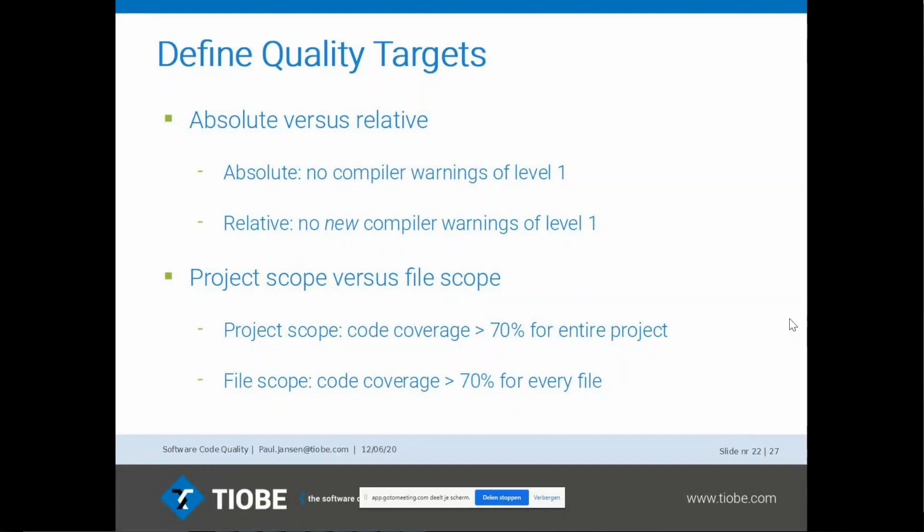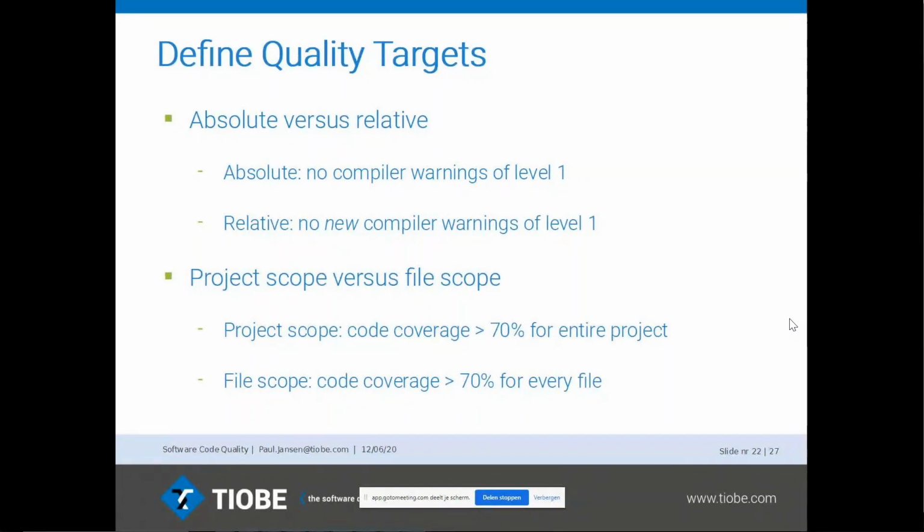Well, then it's okay to deliver. But if you take file scope, then every file should have at least 70%. So it's much stricter. The first one is the entire project, and the second one is every file, and that has huge impact on the quality target and how to meet it and whether it is realistic, because probably you can't apply this in practice to say code coverage of every file should be more than 70%.